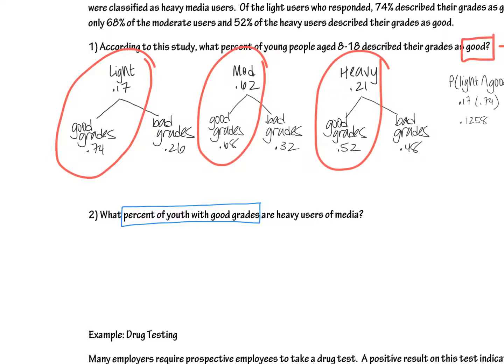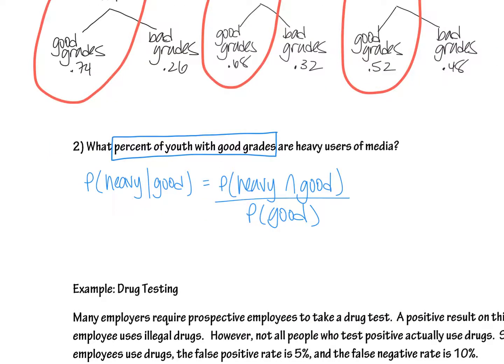Let's try and remember what the formula is for conditional probability. So here's what the conditional formula looks like and what it tells us. We're asked to find what is the probability that someone is a heavy user of media. This is the question, given the condition here that they have good grades. And so remember the conditional formula, which you should have memorized, means you put an and in between them.